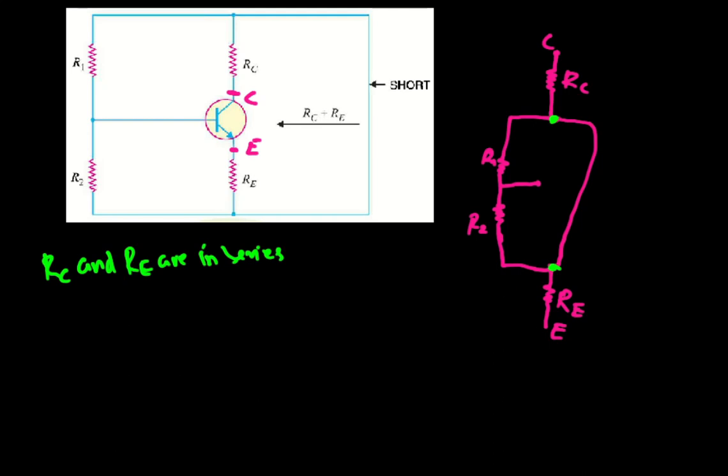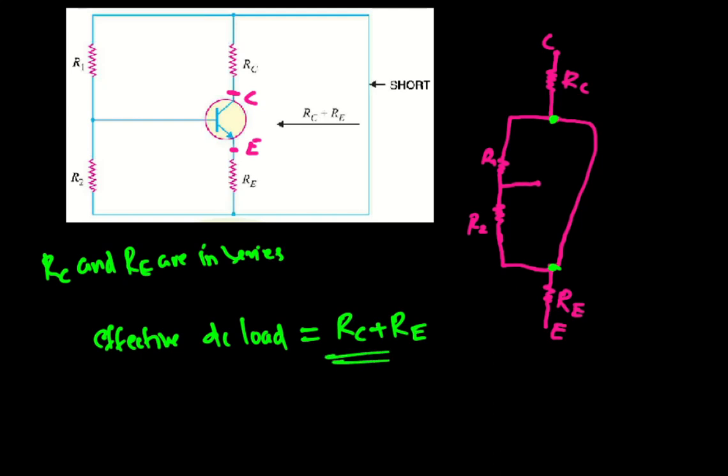So the effective load resistance of the circuit, or the effective DC load, we can call it the DC equivalent, so we can call it the DC load. So the effective load resistance is equal to RC in series with RE, so we can write it as RC plus RE. So this is the effective DC load of the circuit.